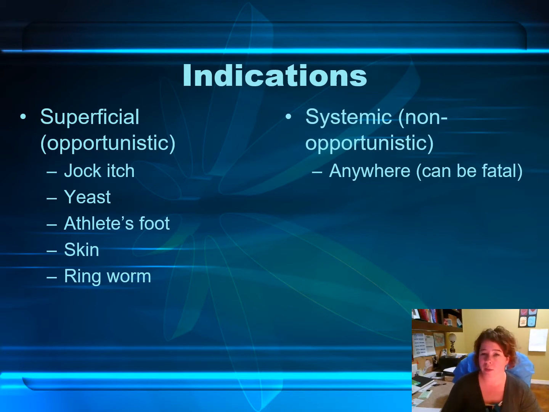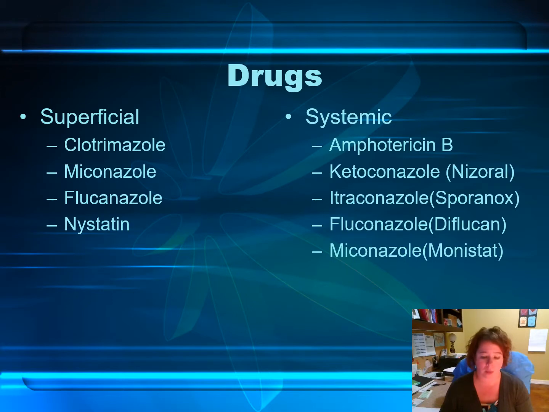The systemic ones are a lot more scary because whenever they get in and do what they do on the inside, it can overwhelm your body's defenses really quickly and can actually be fatal for our patients.